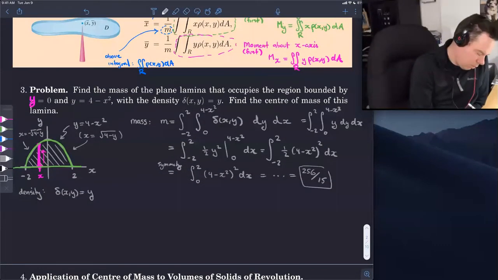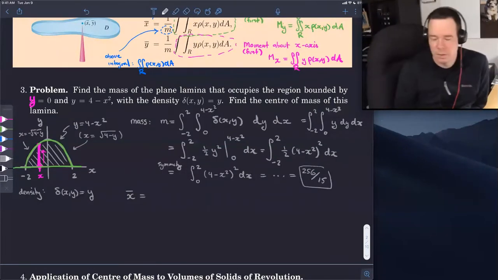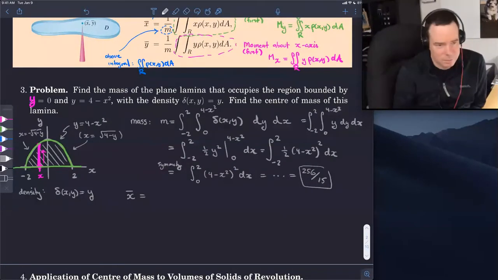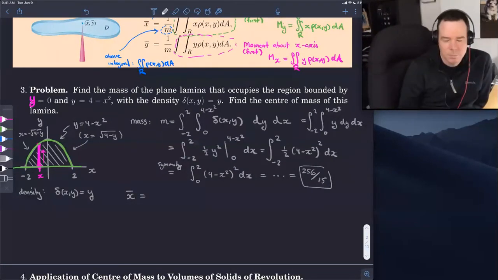Next we want to go ahead and compute our centers of mass. So again, we want to take a step back and think, can we do any time-saving devices? Can we notice any symmetry? So what do you think? What should x bar, the x center of mass, be? 0.